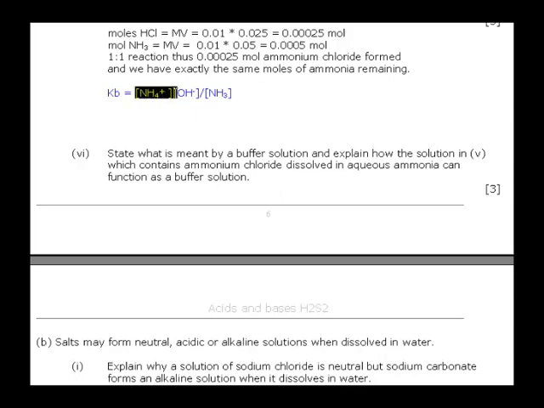KB is ammonium ions, hydroxide ions over ammonia.